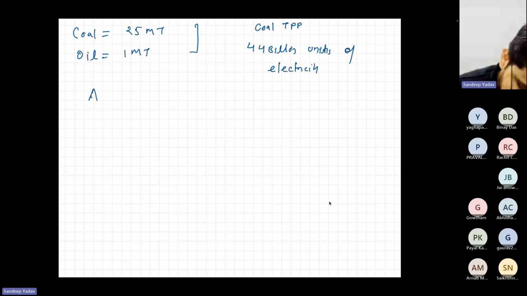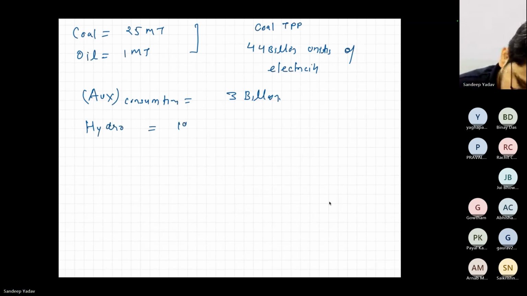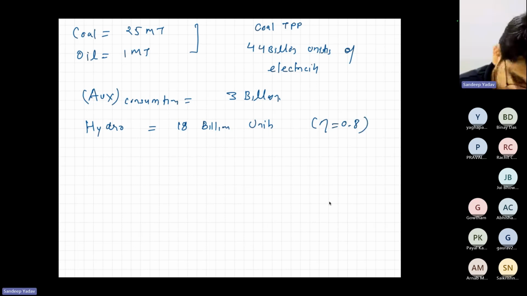Now, auxiliary consumption, we generally write it as AUX, that is 3 billion. And from the hydro, it is 18 billion units having efficiency of 0.8.